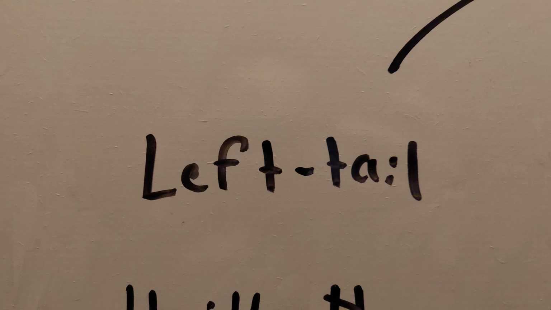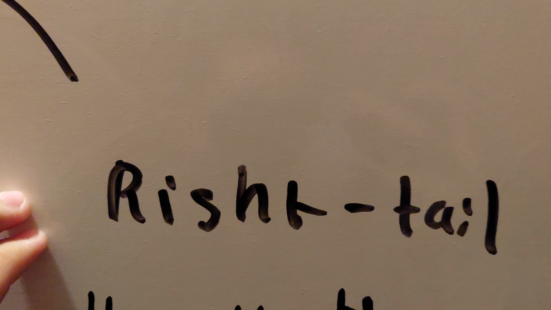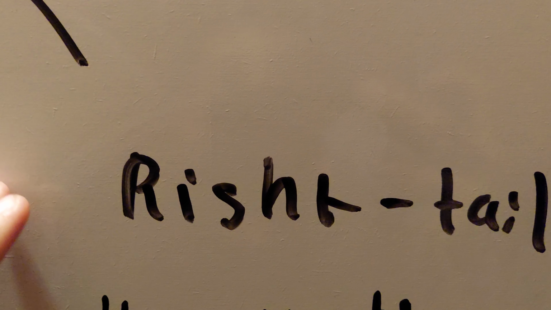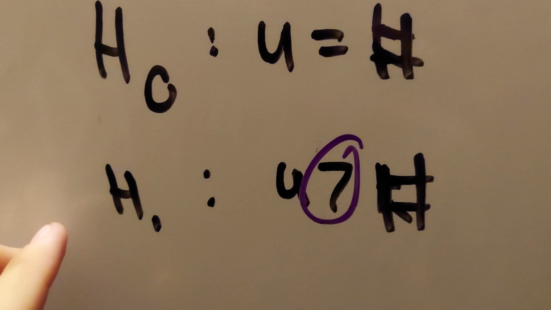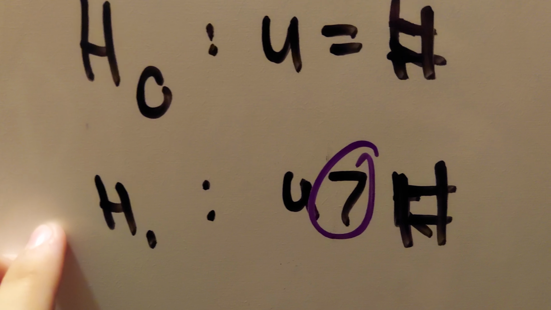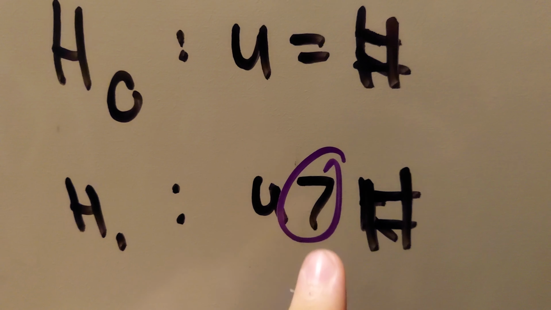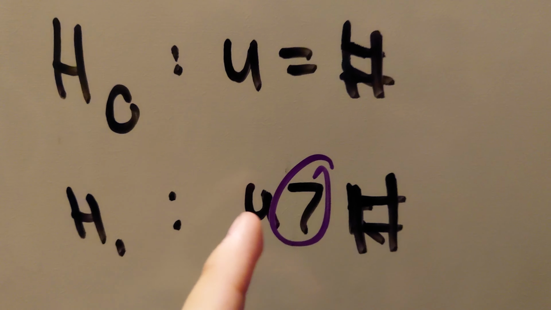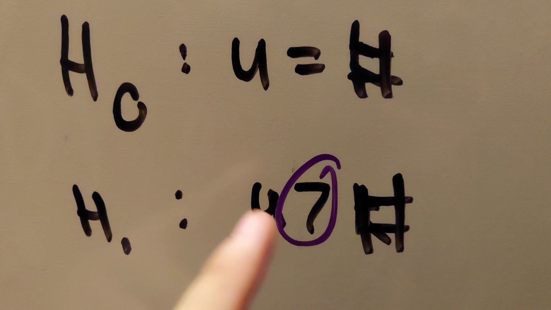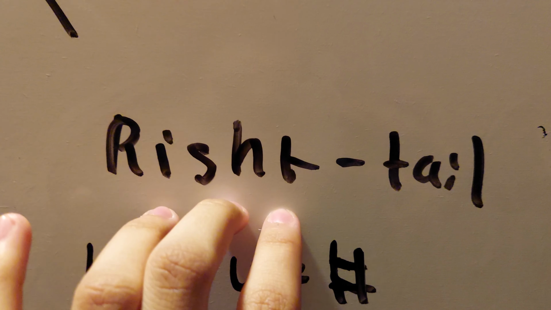So with that done, let's go over to right tail. When we know we're going to be dealing with right tail, again, we're going to refer back to the alternative hypothesis, or H1. In this case, we know we're going to be dealing with a right tail when it has a greater than symbol. So, when H1 has a greater than symbol in its formula, we know we're going to be dealing with a right tail.